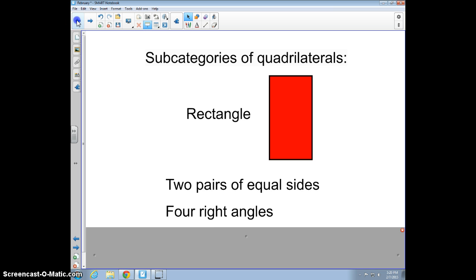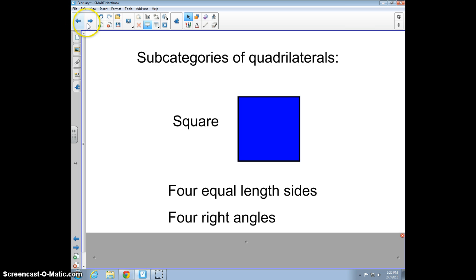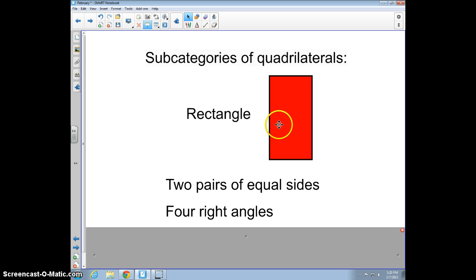So every square is a rectangle, but not every rectangle is a square, as you can see here. It has 2 pairs of equal sides, but this pair is not the same as this pair.